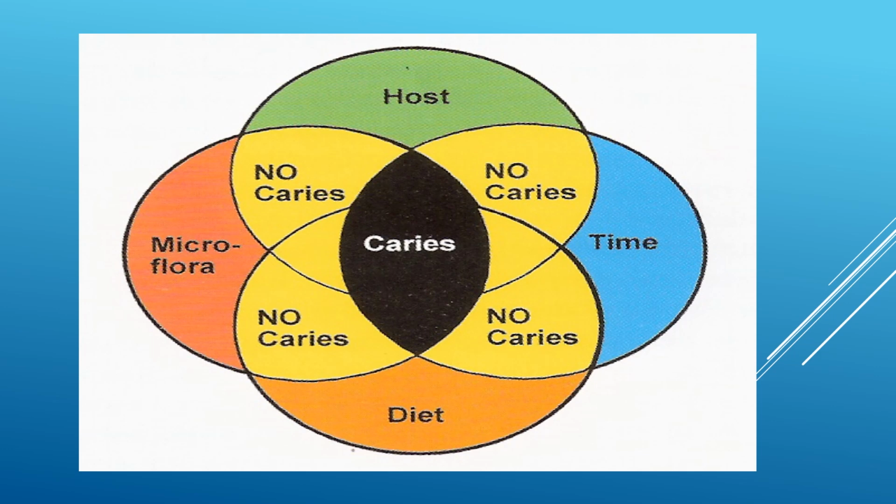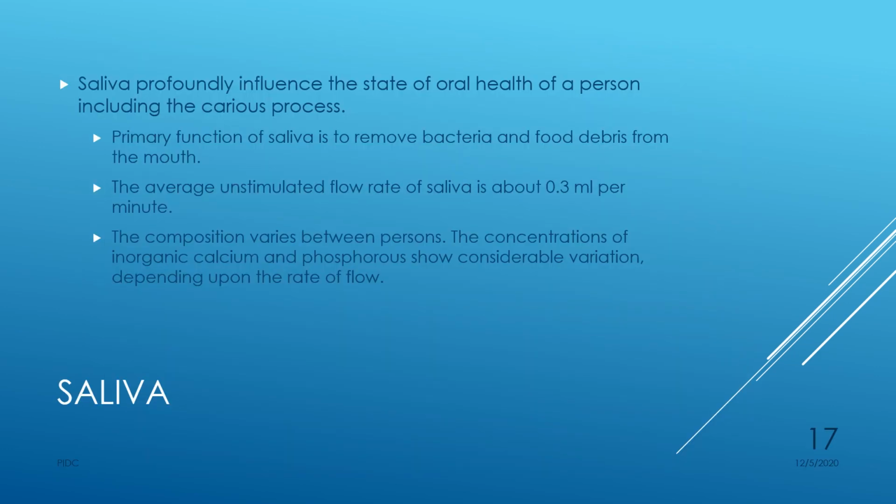Saliva. Saliva profoundly influences the state of oral health of a person, including the caries process. The primary function of saliva is to remove bacteria and food debris from the mouth.